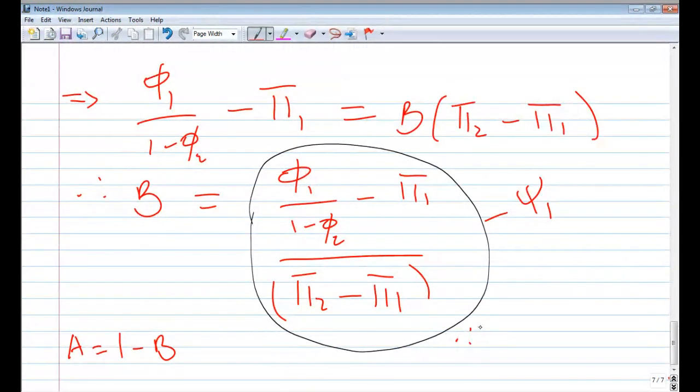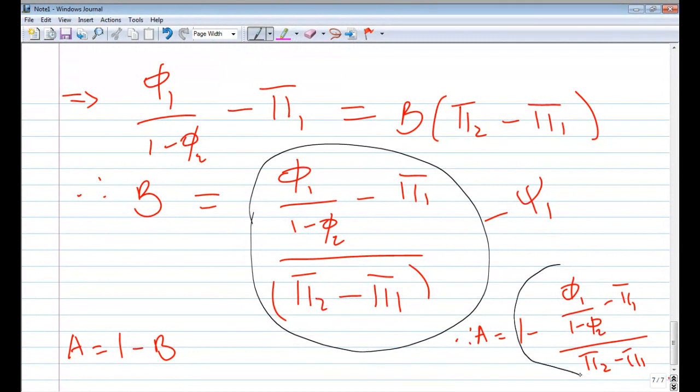Therefore, your A now will be equal to 1 minus phi 1 over 1 minus phi 2 minus pi 1 over pi 2 minus pi 1. And again, this is complicated. Because it's complicated, the whole of this you can reduce it to psi 2.